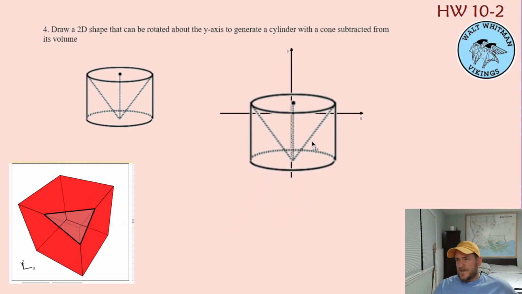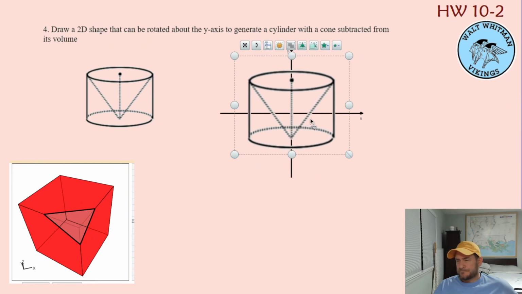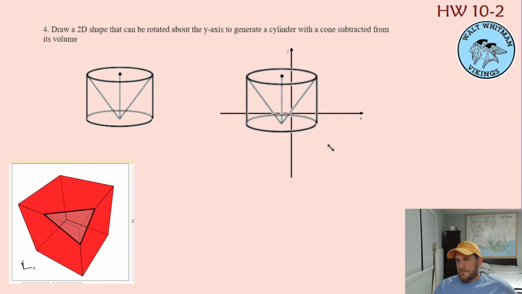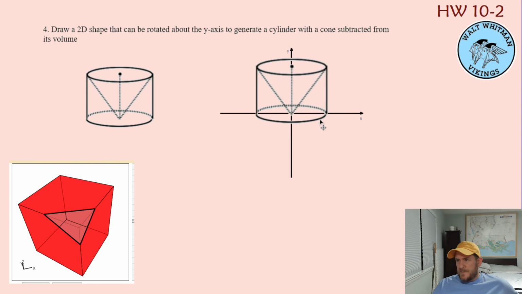So if I line this up, then remember that as we rotate this, there's actually nothing here where the cone is. That's all empty and hollow, right? That's what that's supposed to be. So that means if I'm trying to generate the shape, I really only need this part right here, this right triangle.